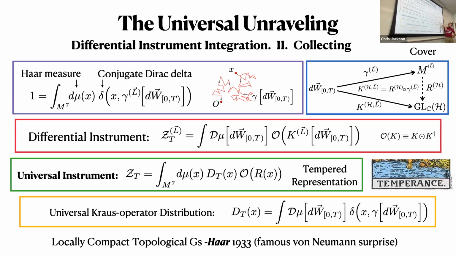And because the Baker-Campbell-Hausdorff formula doesn't care about matrices, the Krauss operator always factors into two terms: a term that goes into the so-called universal cover, this manifold that exists independent of the quantization, and then the representation of that manifold in the original operator space. So we break up the Krauss operator into a representation of some principal, or universal, trajectory. Even I'm still calling it principal. I'm so sorry.